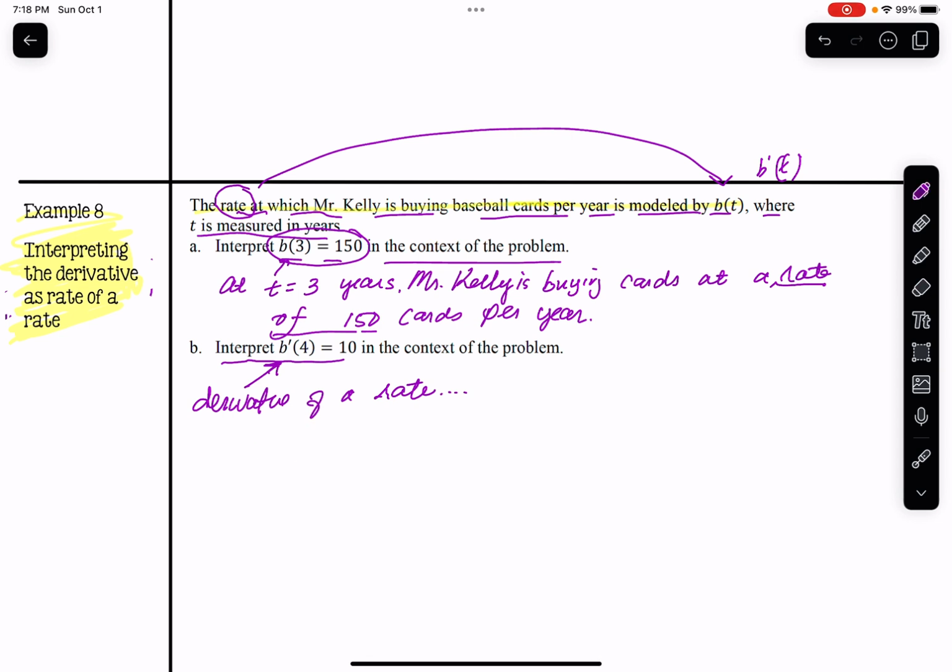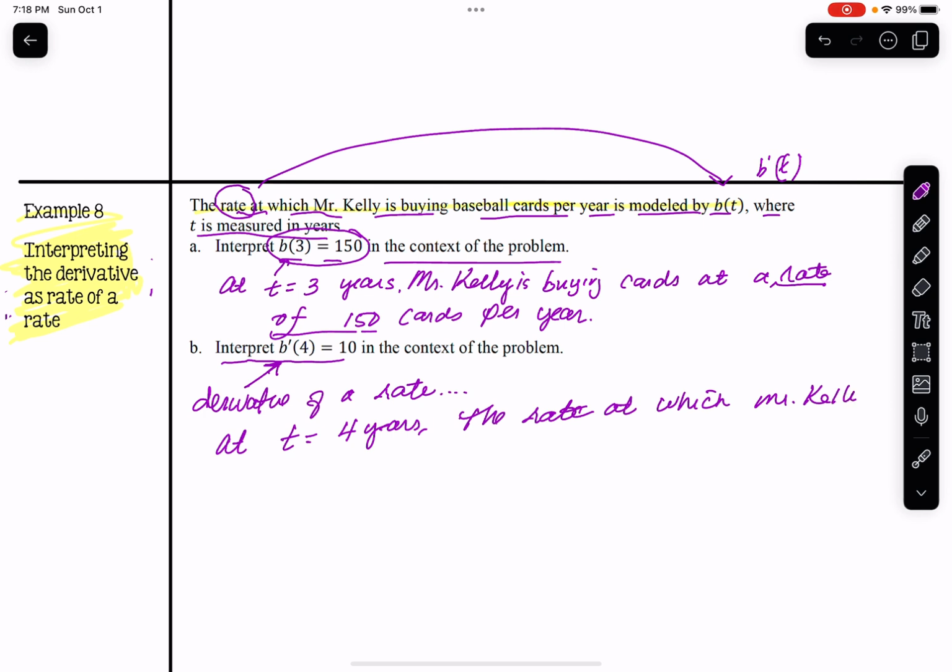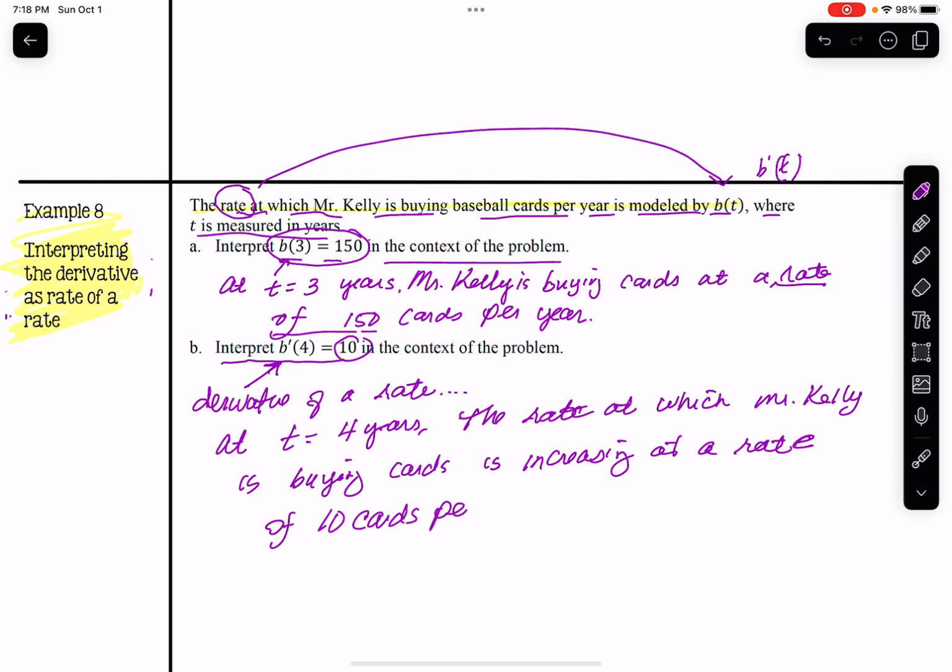At t equals 4 years, the rate at which Mr. Kelly is buying cards is, and it's positive 10, so let's say is increasing at a rate of 10 cards per year.